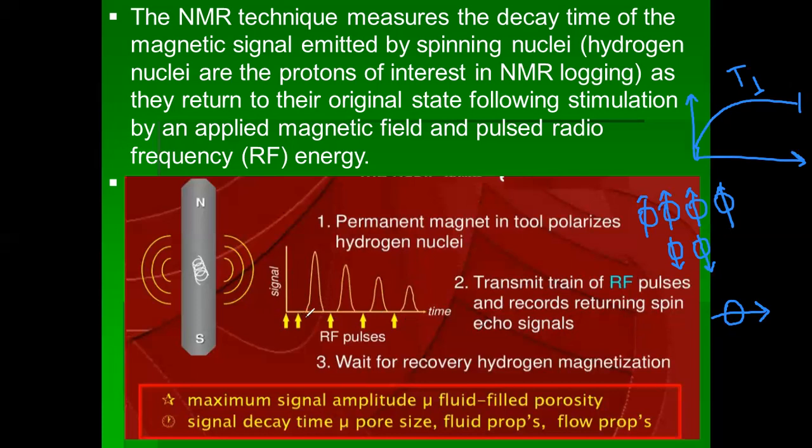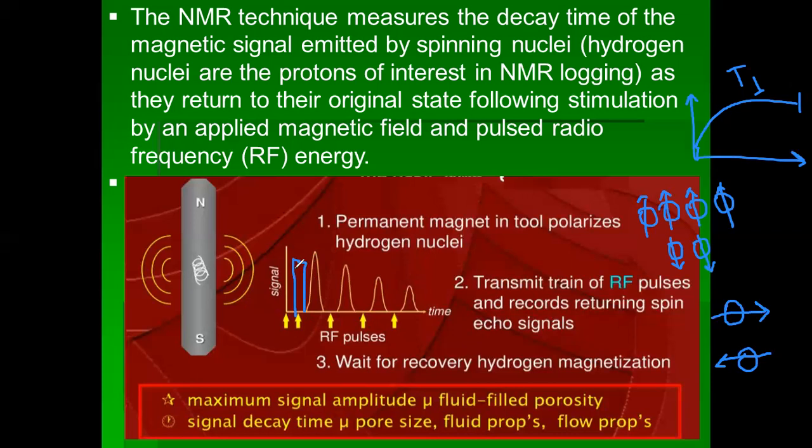And then we will apply a sequence of 180-degree pulses that will tip or change the spinning of protons into the reverse direction. As we apply this sequence of pulses, for each pulse there will be an on and off.